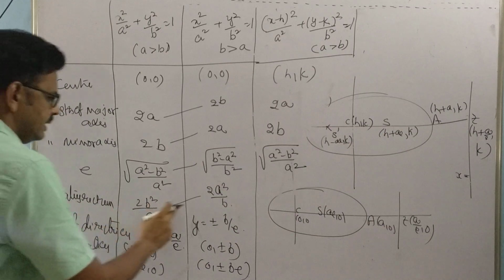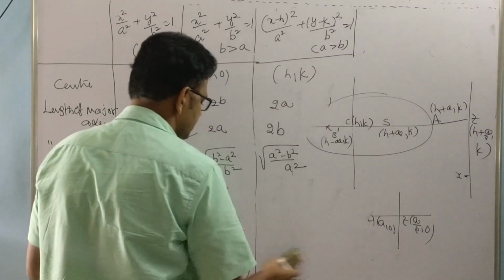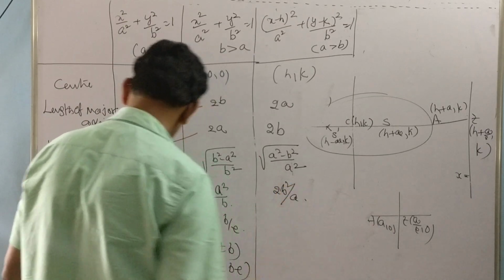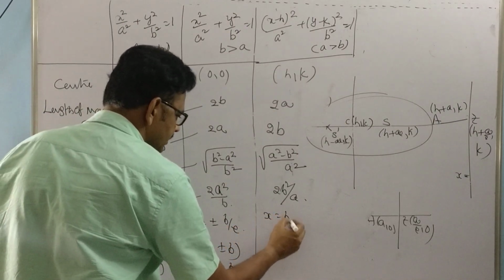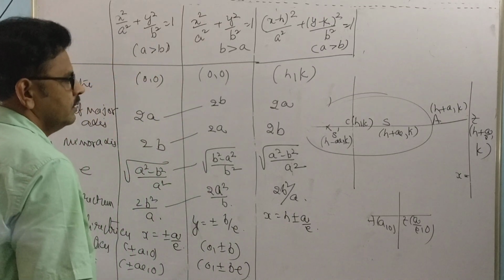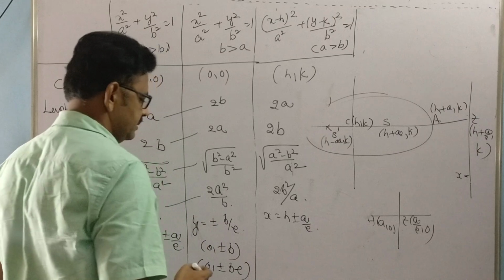Next, length of latus rectum, so this is 2b square by a. Equations of directrices: x is equal to h plus or minus a by e. x equal to h plus a by e, x equal to h minus a by e.